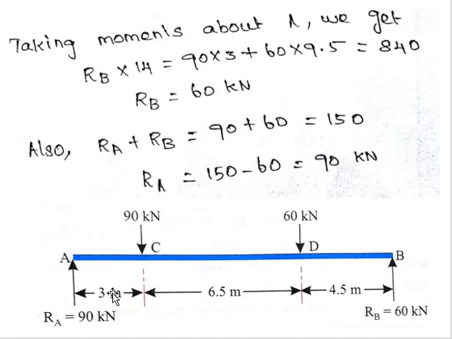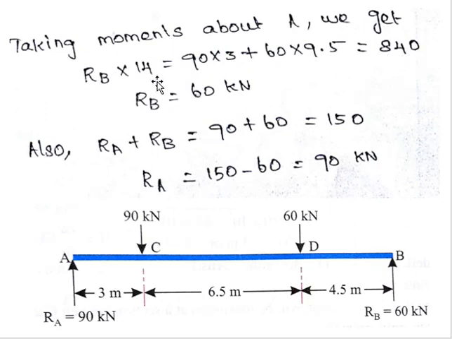Taking moment about A, we get RB into 14 equal to 90 kilonewton into 3 meters plus 60 kilonewton into 9.5 meters. So for each concentrated load, we take how much distance it is from the left-hand support A. The 90 kilonewton load at point C is 3 meters from A. Similarly, the 60 kilonewton load at point D is 9.5 meters from A. After calculating this, I get 840.